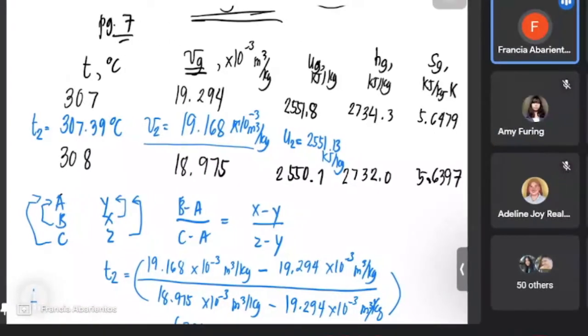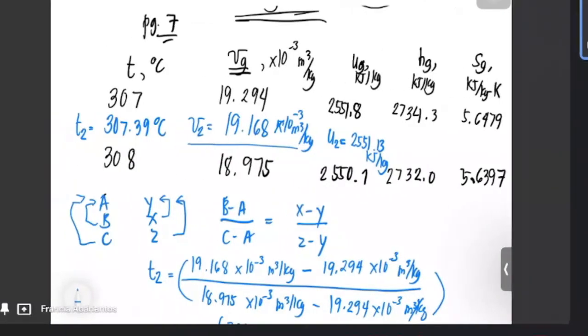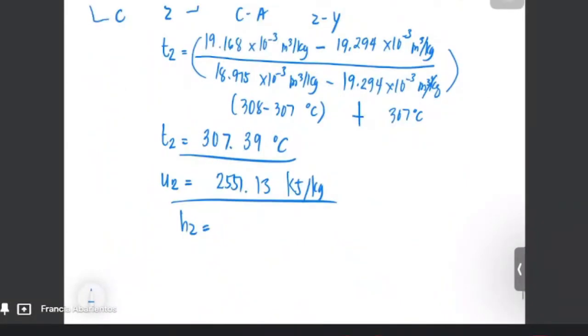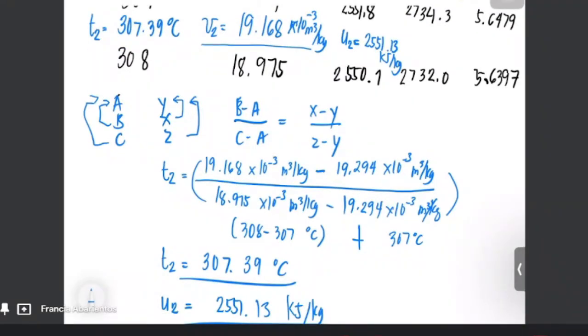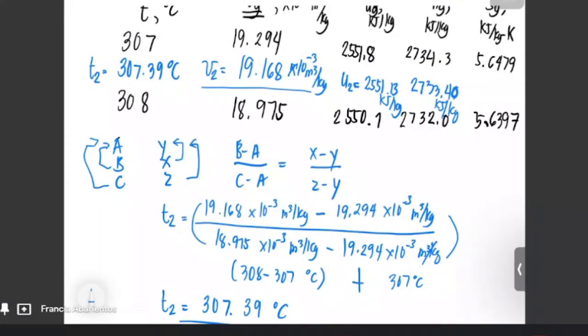Tingnan ko ang answer niya. So, we have 2733.40 kilojoule per kilogram. Now the entropy at point 2. Entropy na tayo, class. Move on to the entropy.